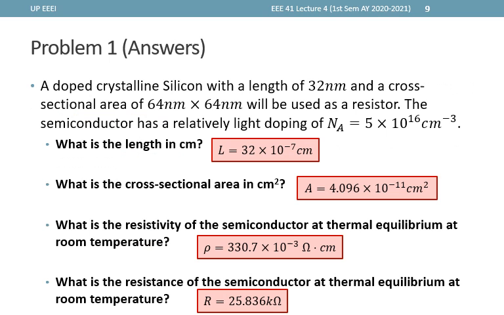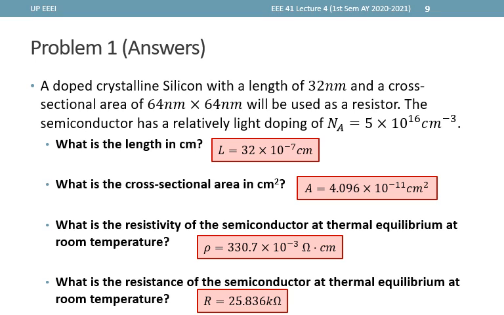Okay. So in summary, for the first problem, we converted the length from nanometers to meters or centimeters by multiplying first by 10 raised to minus 9 for the nanometers, and then multiply by 100 to convert from meters to centimeters. For the cross-sectional area, we multiply by 100 squared and get this value.